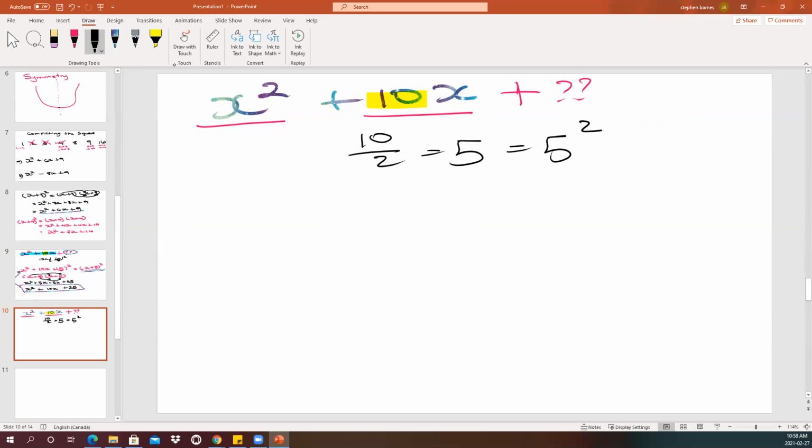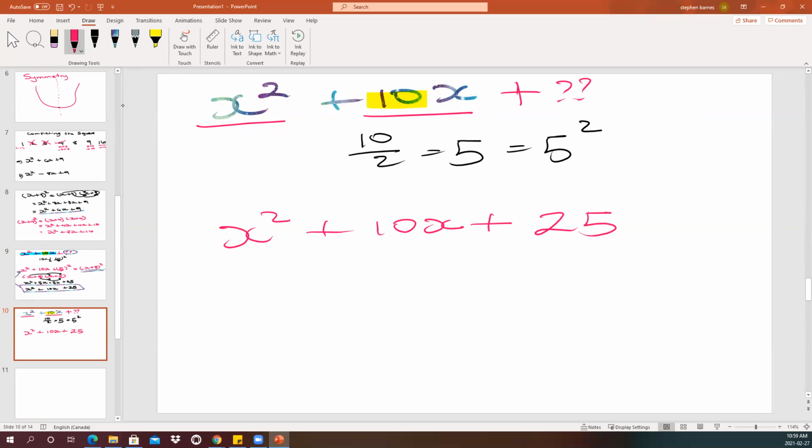So I can now rewrite this expression in a perfect square format. And that would be x squared, same as that, plus 10x, same as this. But now I have found my C value to be 25 because I have half of the coefficient of x, squared, and that is 25.